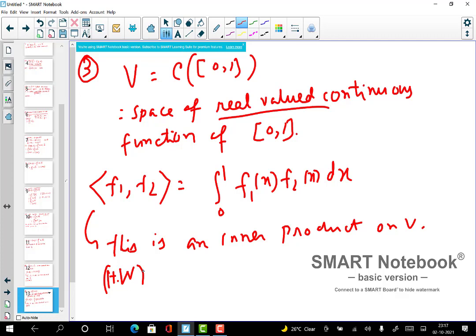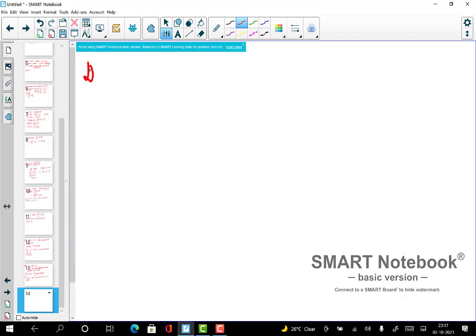Now the next example is very important. It's called the Frobenius inner product. But for that I need to define something called the adjoint of a matrix, or the conjugate transpose. Transpose you know, but conjugate transpose will be defined formally.